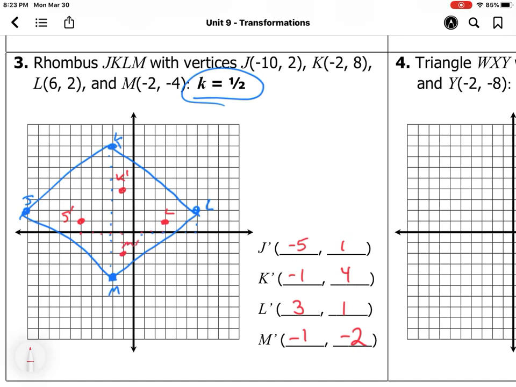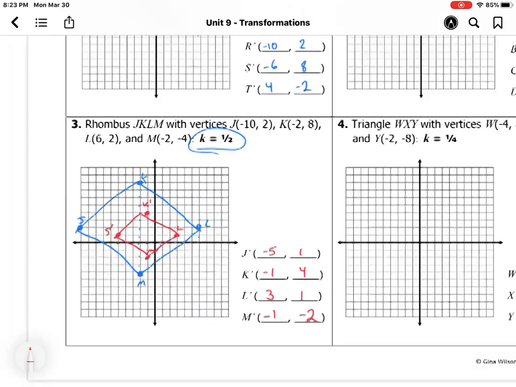There is our M prime. Right, so indeed, our new figure, our image, is smaller. It has been reduced from our pre-image, and it has been done by a half. Not that bad, pretty simple. You just take the scale factor and multiply it by the other points, right?